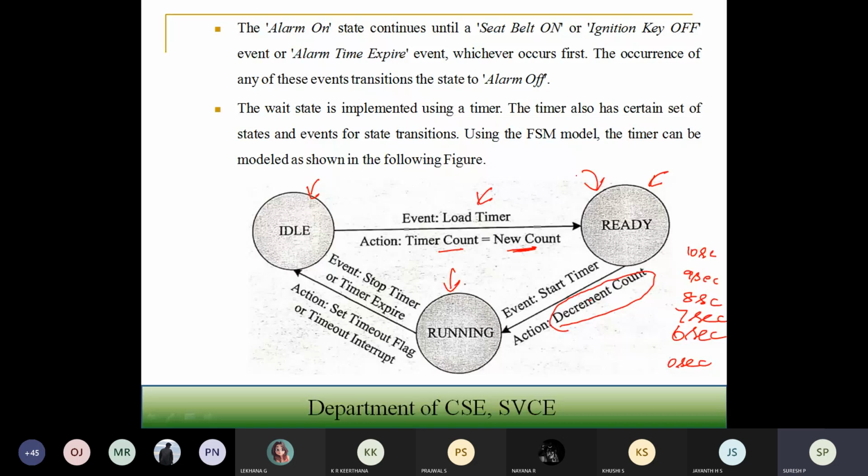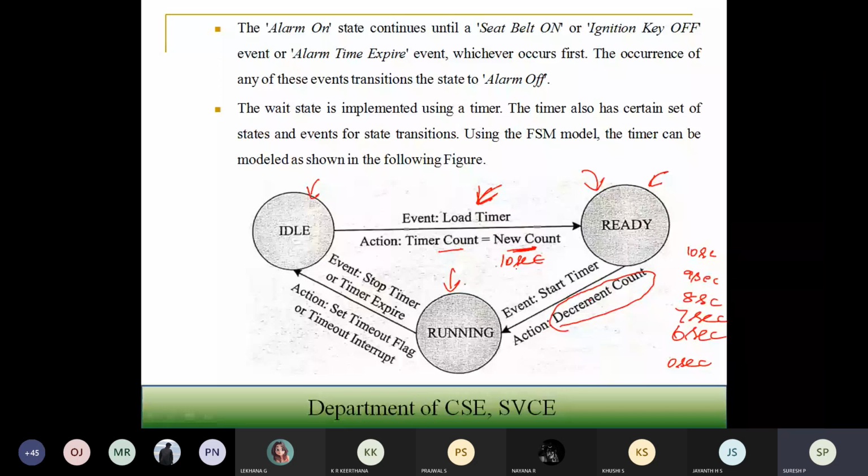First you have to load the timer, and when loading the timer, the count should be new count. Here it will be 10 seconds initially when going from the alarm off state to the waiting state. When going from waiting to the alarm on state, it should be 5 seconds. For alarm on to alarm off, the timer count will also be 5 seconds there.